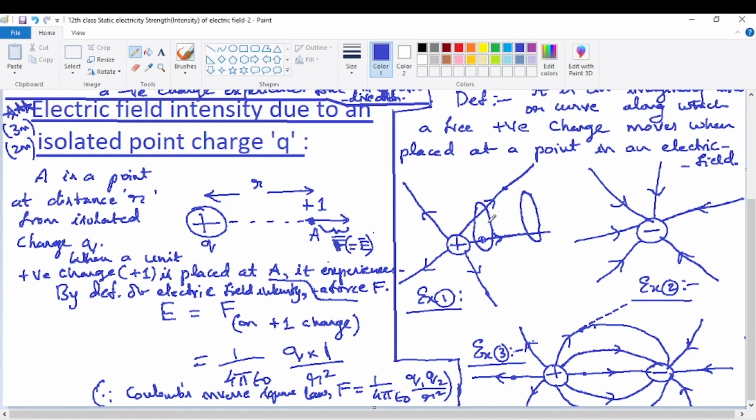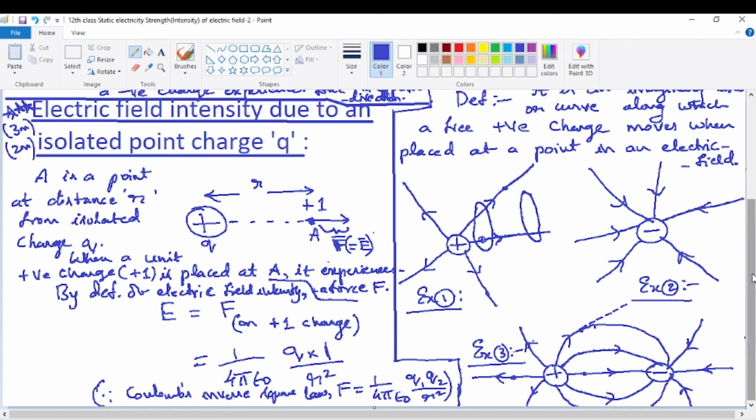If it is a straight line of force, the direction of the line of force itself gives the direction of the electric field vector, or simply the direction of the electric field. If it is a curved line of force, at any point on the curved line of force, the electric field vector, or electric field, is tangential to the curved line of force. This way, lines of force in any situation are helping us to get the direction of the electric field exactly.